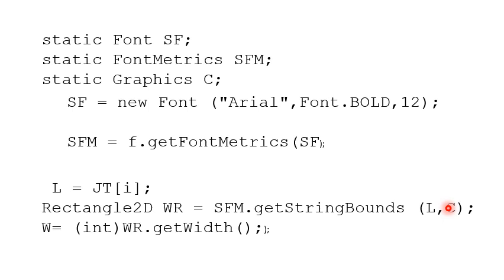At that point, you get back a rectangle. This basically will give you a height and a width, as well as potentially an X and Y location, but obviously we're not going to use that here. And then the width actually comes back as a decimal number, so we convert it to an integer.